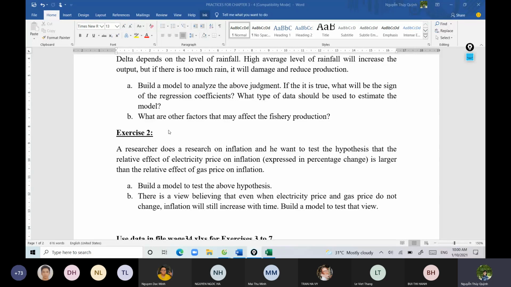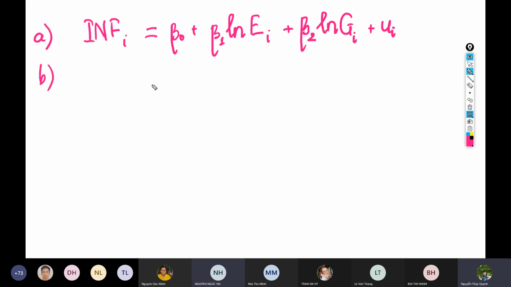Build a model to test that view. So here we should change i into t to express time series data. We change the index from i for observation into t for time.